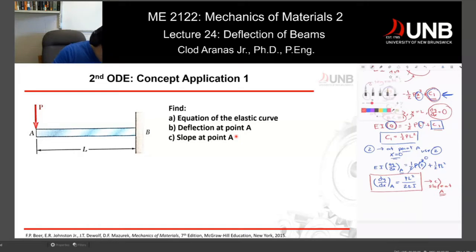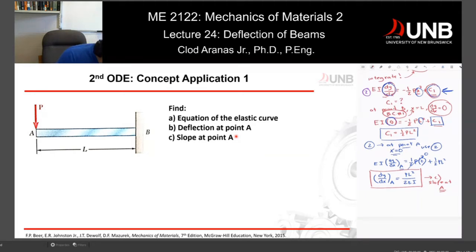Now we can rewrite equation number 2 into equation number 3. And why do we have to rewrite? We're just going to substitute C1 equal to 1/2 PL squared.